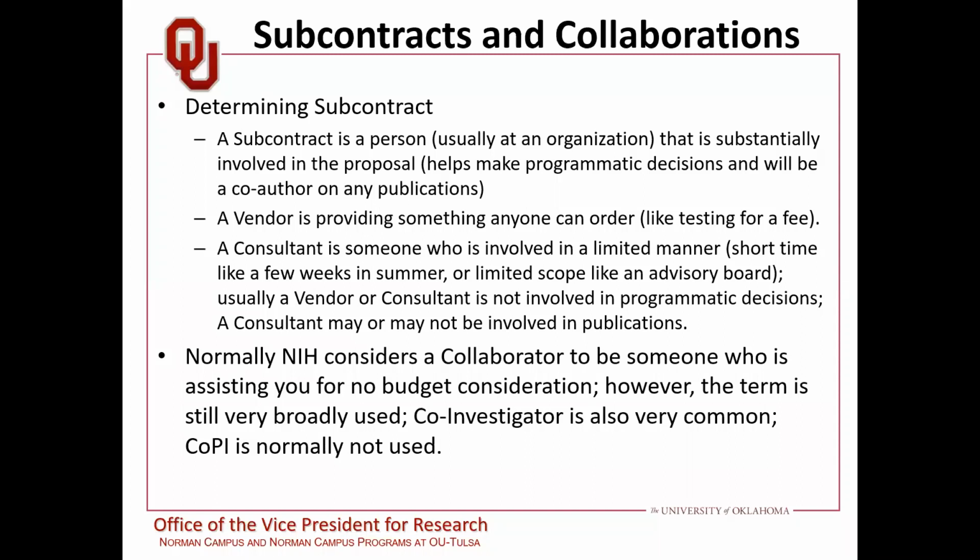Usually NIH considers a person who's been coded as a collaborator on their forms as someone who is not receiving any budget figures, although I have seen people do it, and I don't know that they had any issues calling them a collaborator and giving them some budget funds. Co-investigator is very commonly used as a replacement for co-PI, since they don't recognize the co-PI designation.